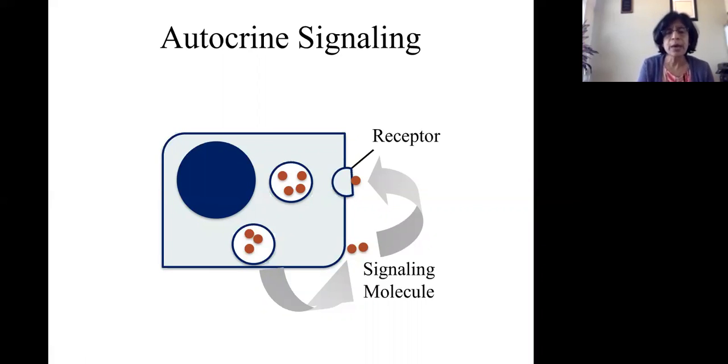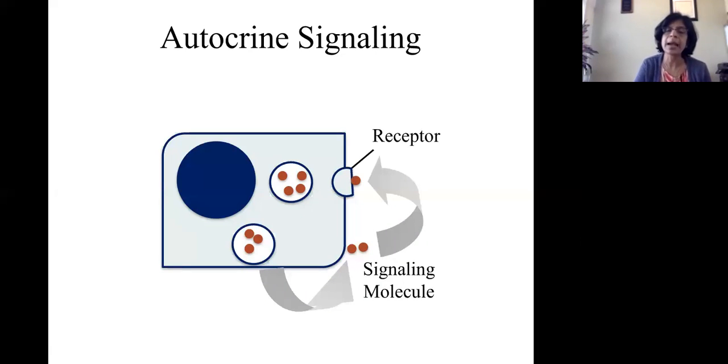So now this chemical is released by the cell, and that's shown here. And this chemical then binds to its receptor on the same cell. And then perhaps it makes the cell release more chemicals, and that would bind to the receptor on the cell and trigger this response over and over.